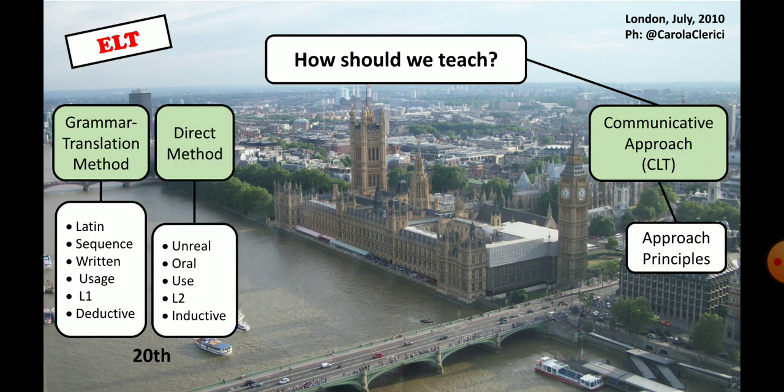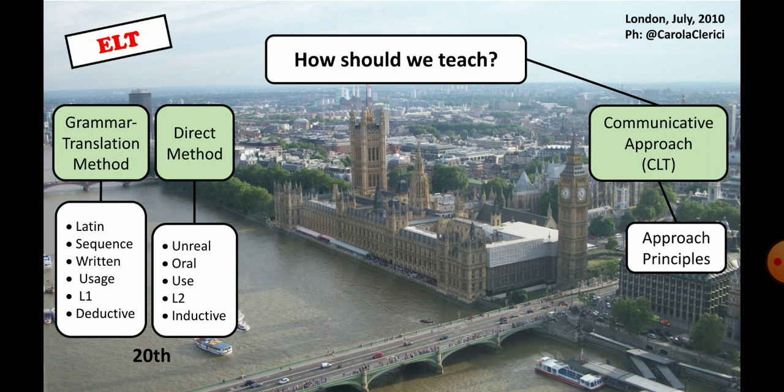About the beginning of the 20th century, the direct method emerged as a reaction against the grammar translation method because they believed that that was not okay. So they would go to the opposite side, expose students to oral language, to the use of the target language, the second language exclusively.